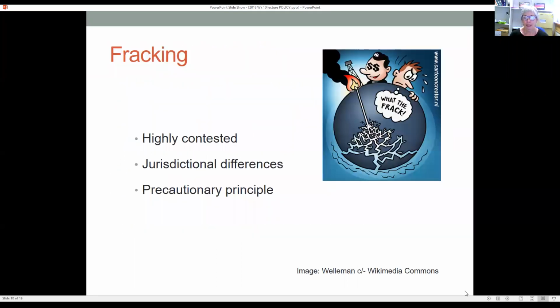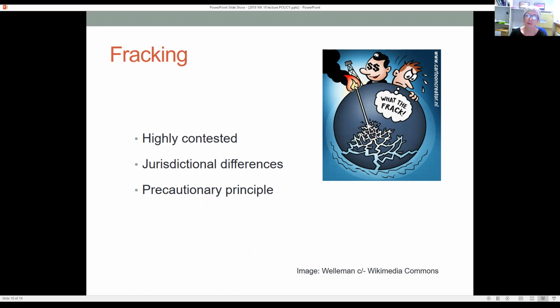So it is highly contested, and as I say, if fracking is allowed, as it is in most states, will this be a policy failure, or will it be a policy failure of Victoria for banning it until we have enough evidence?